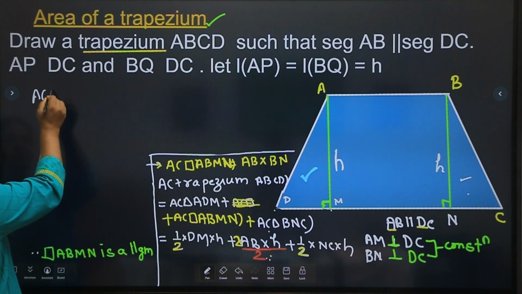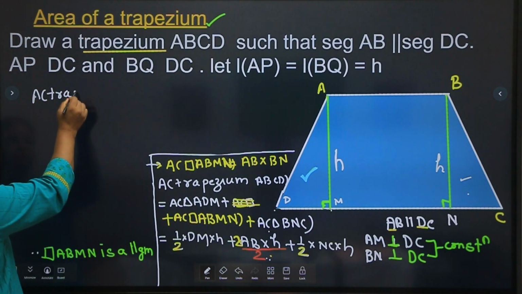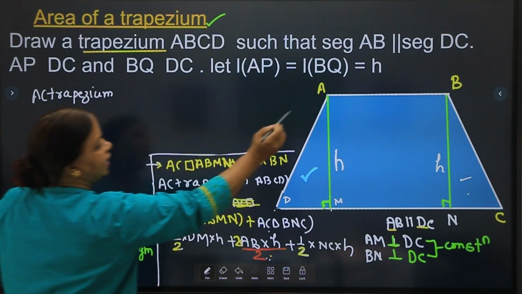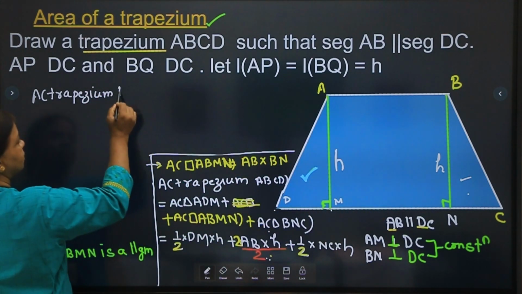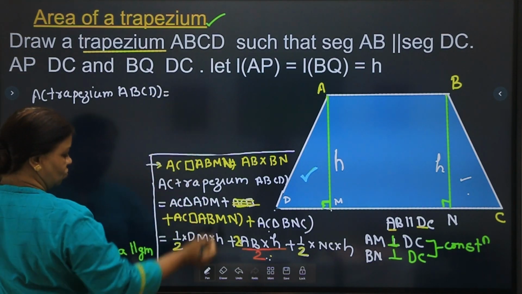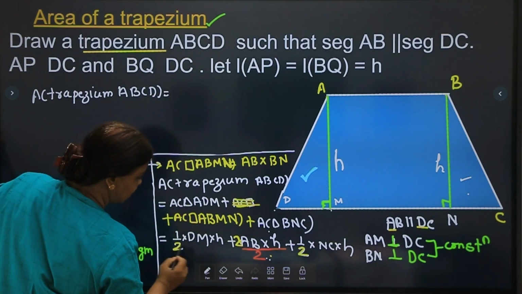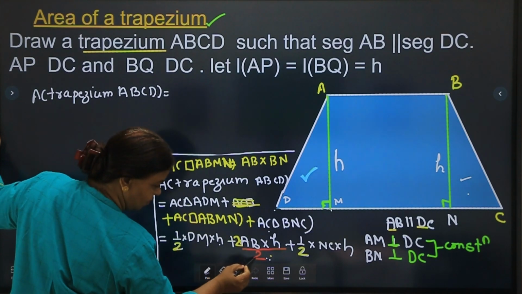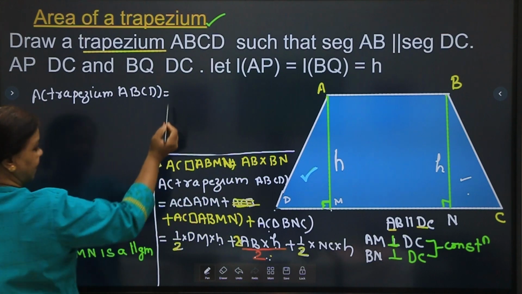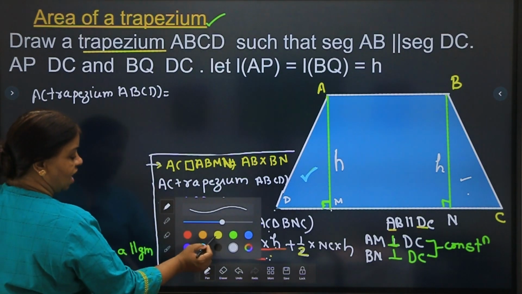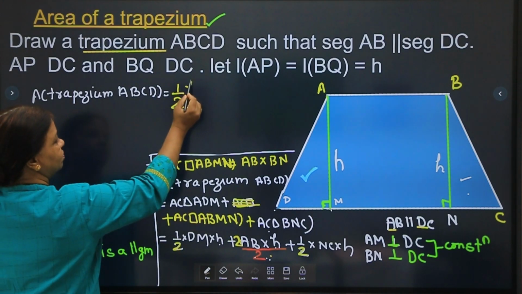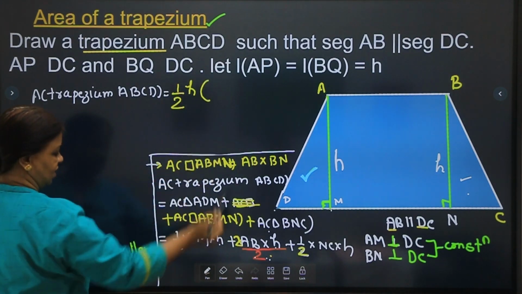So if I am adding, what is happening? Area of trapezium ABCD is equal to half, H is here, half is here, H is here, half is here, H is here. So I can take that half H very clearly out. What will be left inside?